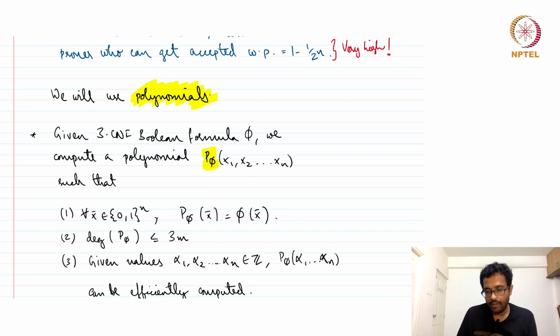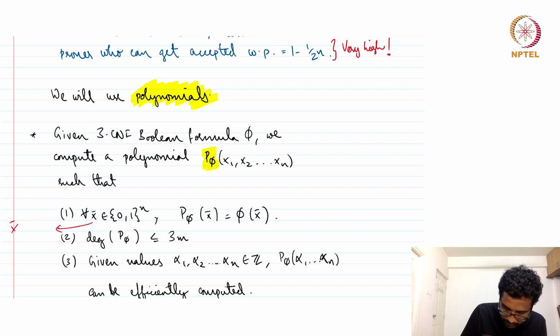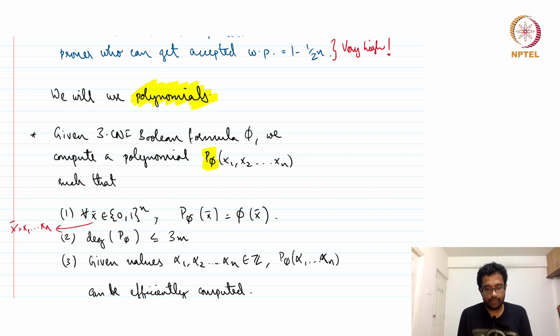Whenever x bar, meaning x1 up to xn, is from the Boolean hypercube 0 1 power n, if you evaluate this polynomial, it will be the actual truth value of the Boolean formula.